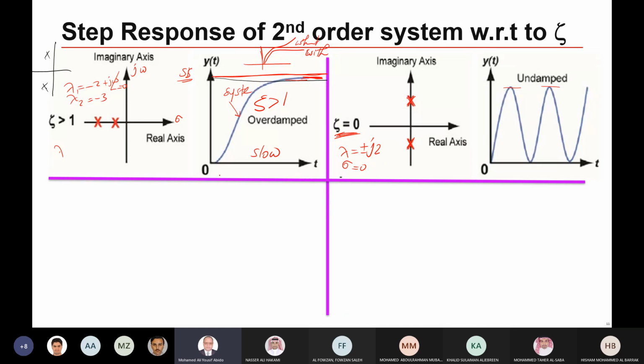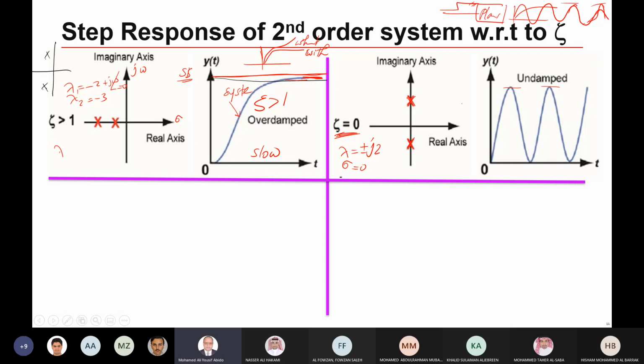So if you have a system, a plant, and you do a step input here, this is the response. Assuming this is a second order system, and if you apply a step input here, then this would be the response. This is overdamped. We will see here oscillatory. So you have here the oscillation, continuous oscillation. There is no damping, and the peaks are the same. So this is the case here. This is the plant in general.